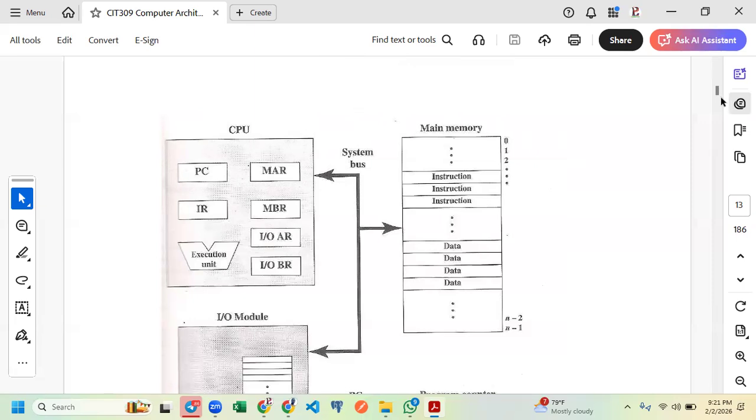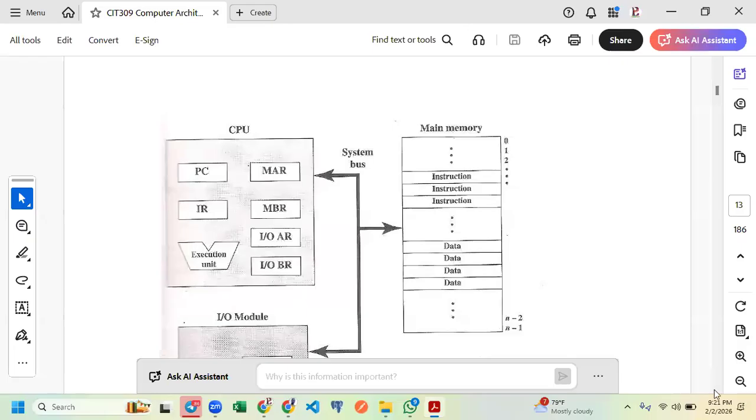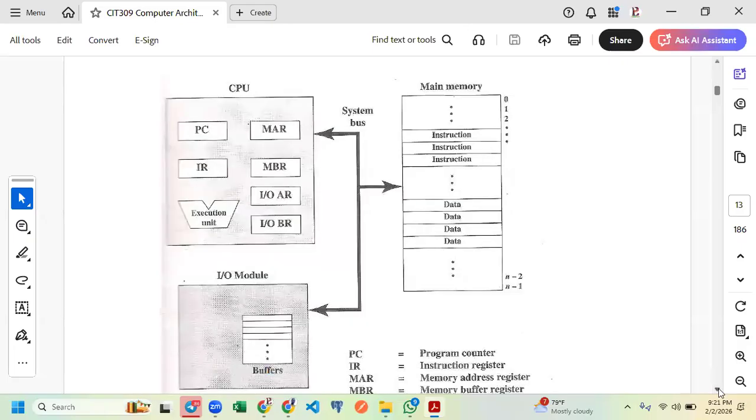Don't forget, we mentioned that in the last explanation. And you can see the main memory is full of instructions and, of course, data, data, data, and data. So if you look at this diagram, it's not something we should not be able to draw if we meet it in the exam.